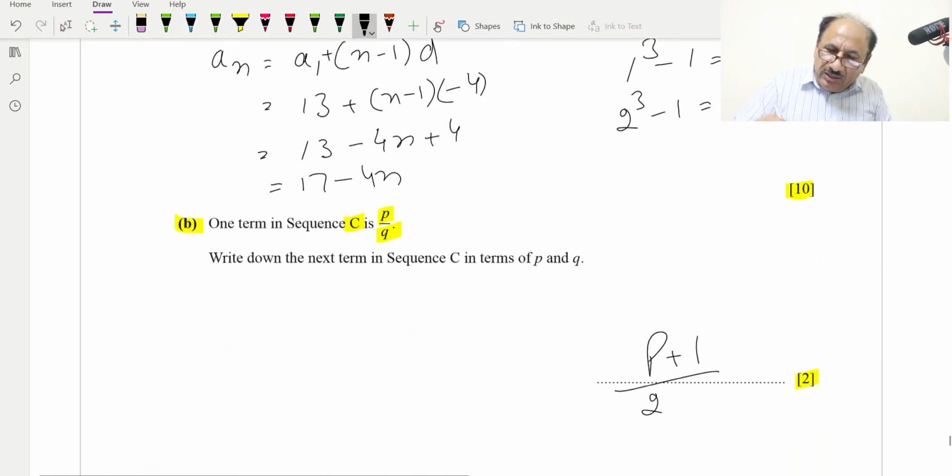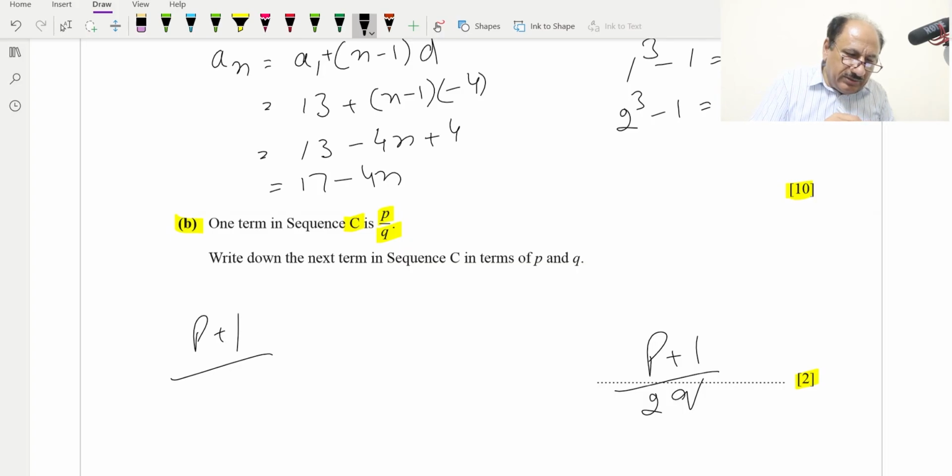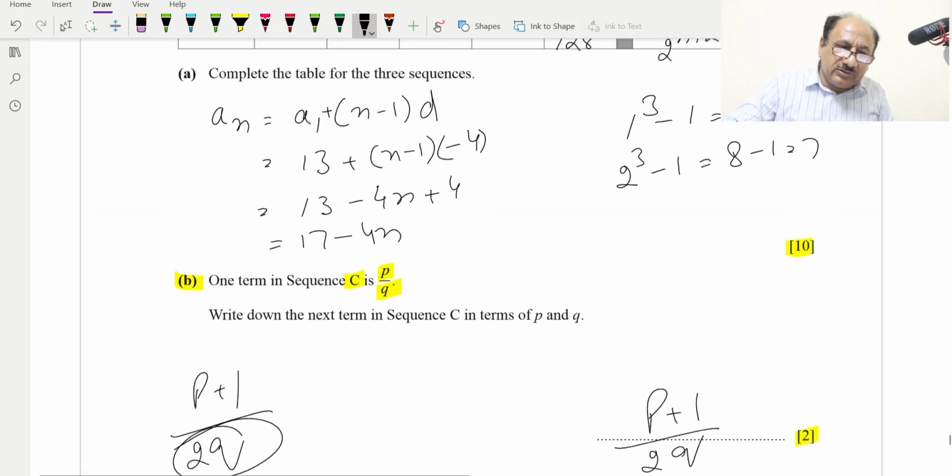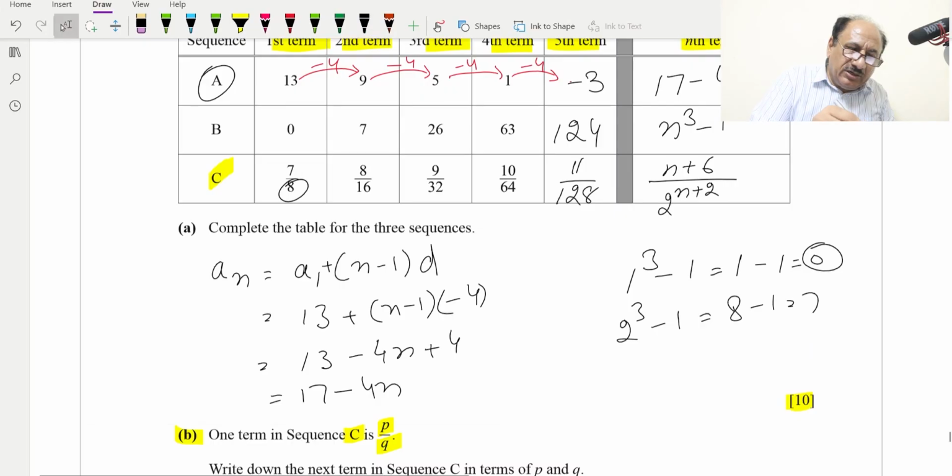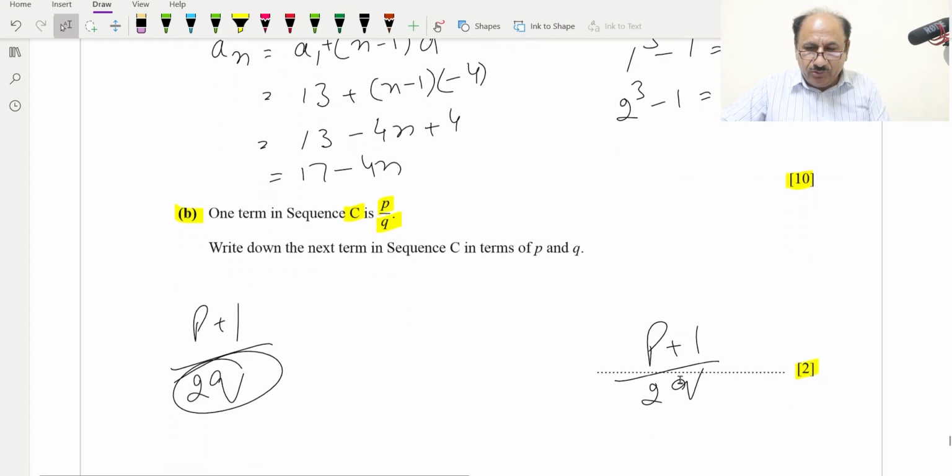So double of that will be 2q. So numerator will be added 1 and denominator will be multiplied by 2 to get the next term. See, from here 6 multiplied by 2 is 8, multiplied by 2 is 16, 16 multiplied by 2 is 32. Similarly, if we have denominator q, it will be multiplied by 2.